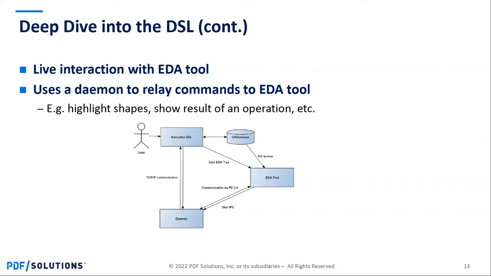So this daemon which gets started can now communicate with your EDA tool. And on the other side, it communicates via TCP/IP with Ruby itself. The reason why I have to use this daemon in between is that most tools like Ruby already use these file descriptors 3 and 4 for something else. So they are essentially blocked. I cannot use them directly.